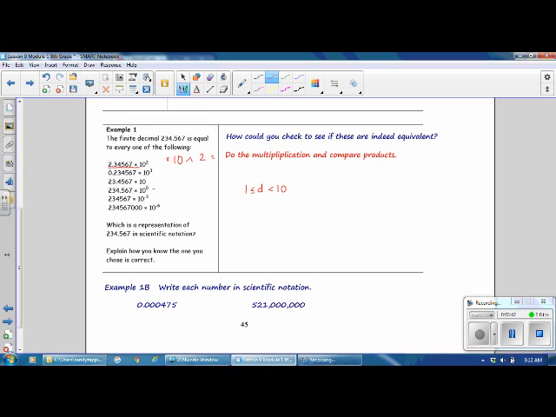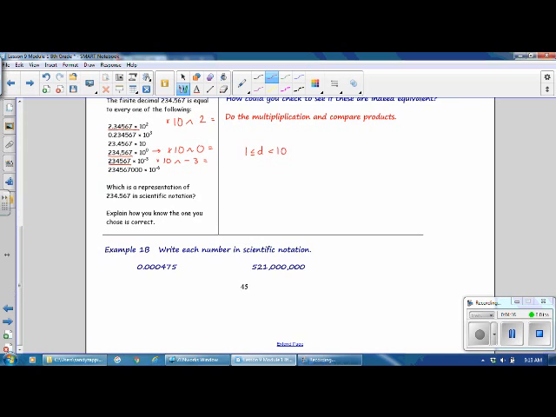Then when you get down here, you would enter 234.567 times 10 to the 0 power equals. And then it works in the same way for the exponents that are negative. And you need to make sure that you use the negative key but not the subtraction key. So we would enter 234.567 times 10 to the negative 3 equals. And then you can see that all of those products are the same.